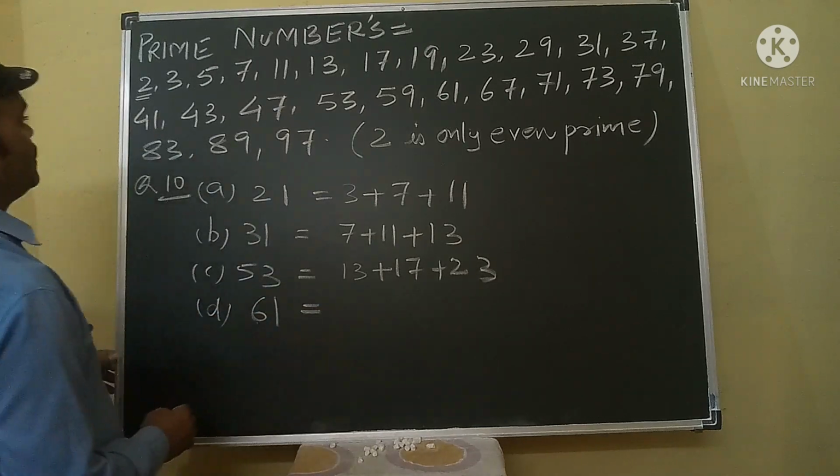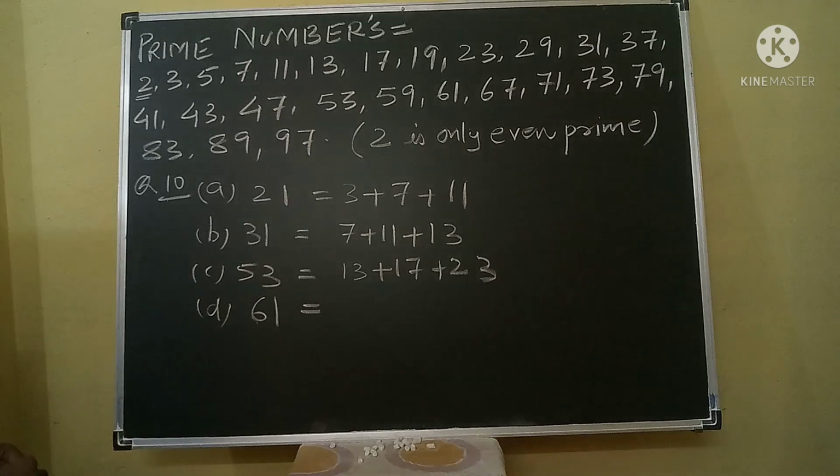Then after that, 61. 61 is the sum of three odd primes. What are these?